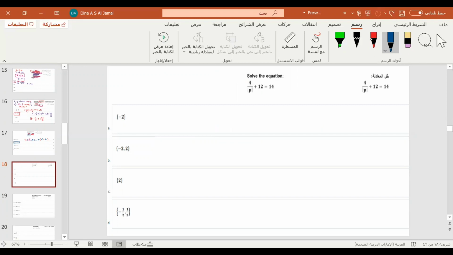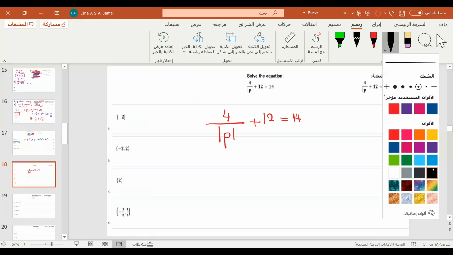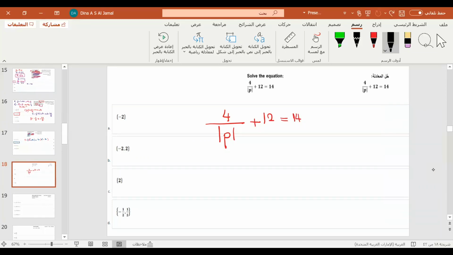Solve this equation. So 4 over absolute value of p, and pay attention to this question. It's not the p alone. That means you need to focus while solving. So now let's eliminate anything next to 4 over the absolute value of p.